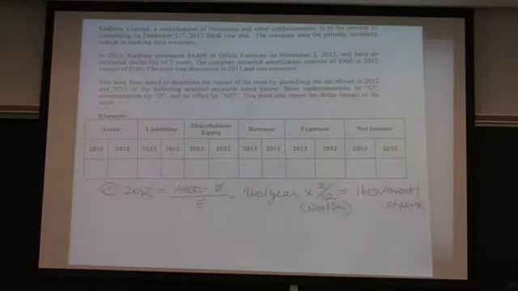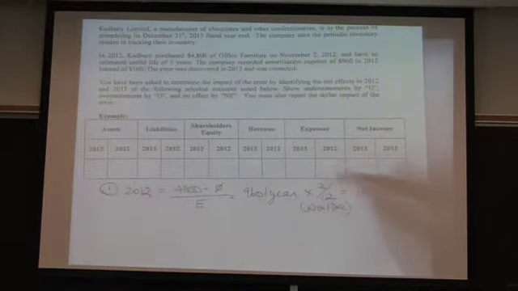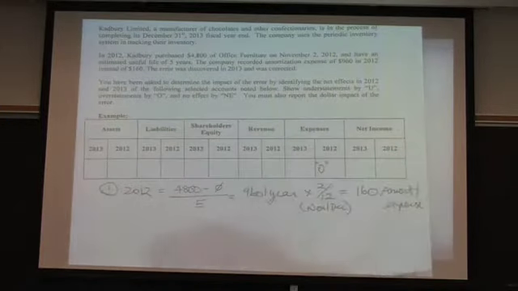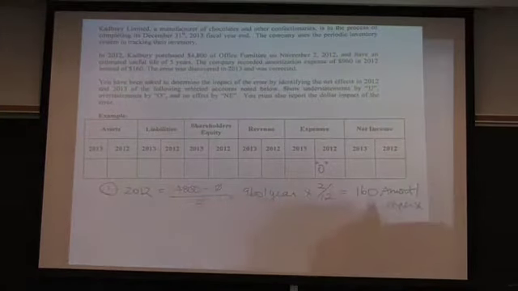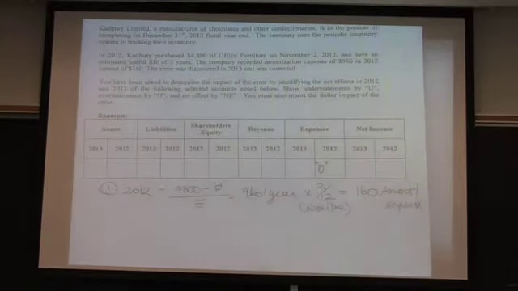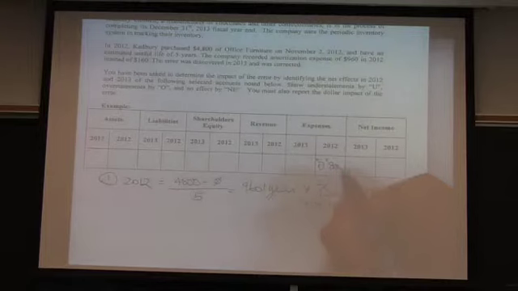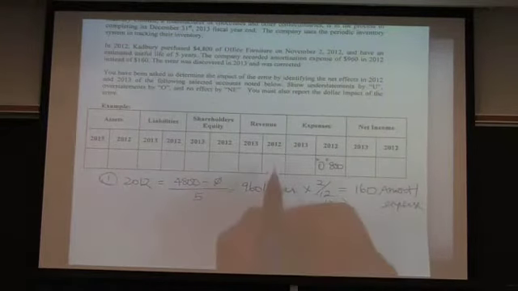So when we think about this, the expense in 2012 is overstated by the difference of $960 less $160. So that difference is $800. Now, there's no effect on revenue.